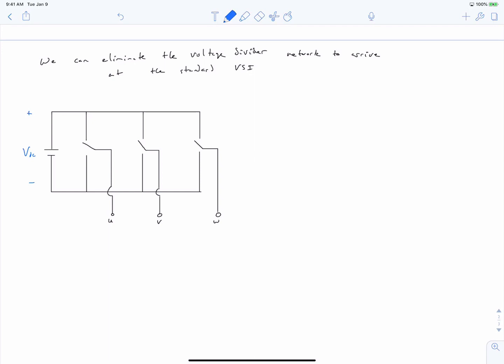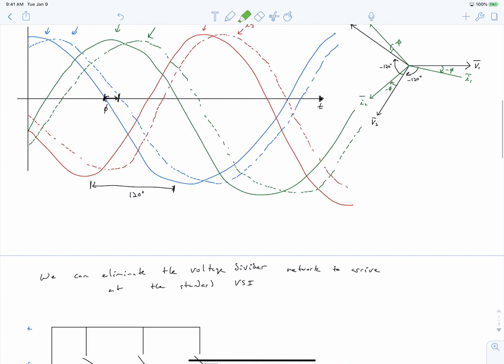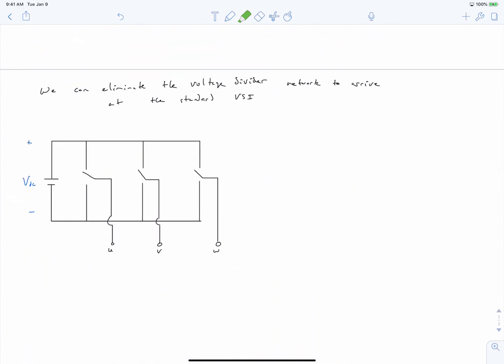We've removed the deliberate drawing of impedances because we might connect it to any arbitrary load. But the point is that the load actually does have to be current stiff, so it needs to be inductive in nature. A typical load will be an electric motor, and electric motors have coils wound around stator teeth, which look a lot like inductors and transformers, so an electric motor is a very inductive load.